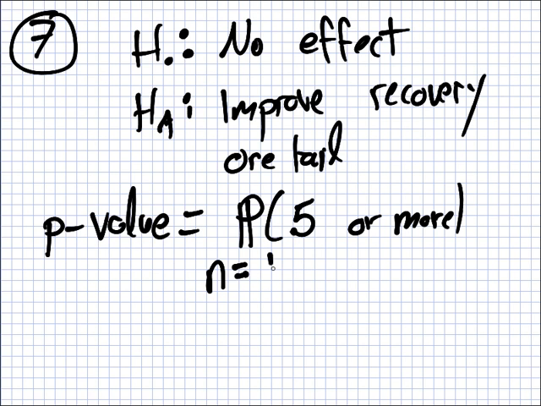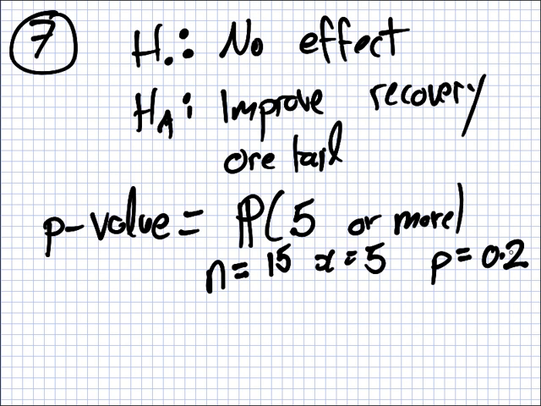n equals 15, x equals 5, and p equals 0.2. How likely is it somebody will get better normally, not special? 20%, I said in the question. Now we need to think about what we want to do to fix the "or more".